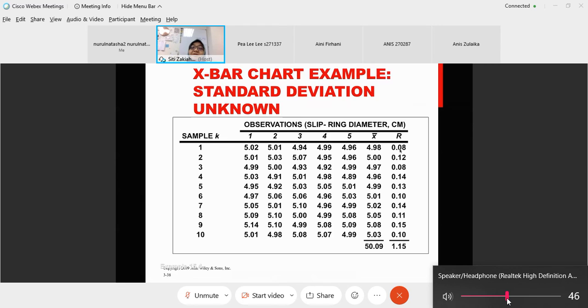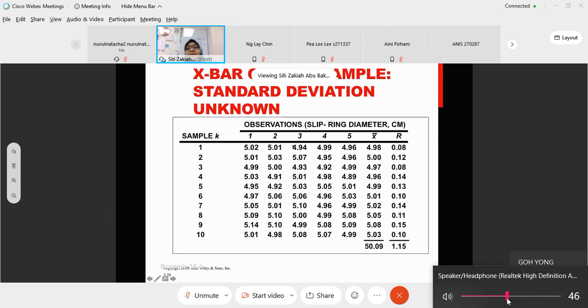How do you get? Of course, I'm sure all of you dah belajar range kan? How to get range value? How do you get 0.08? The higher values minus the lower values. Yes. So for here, the highest value is what? For number 1, okay, sample 1. The highest value is 5.02, right?